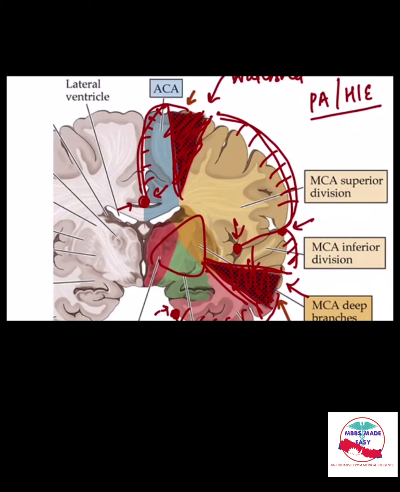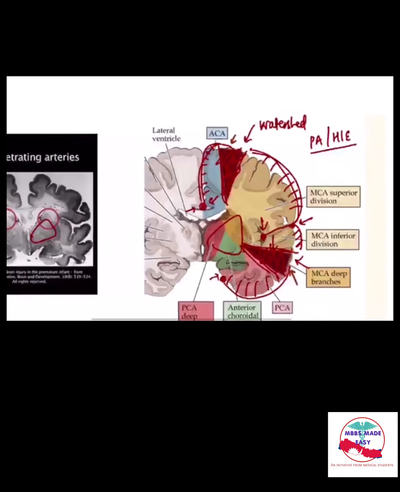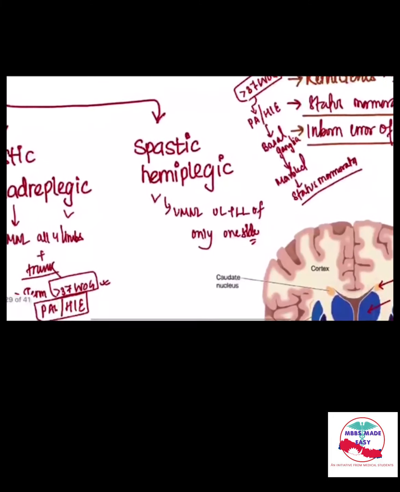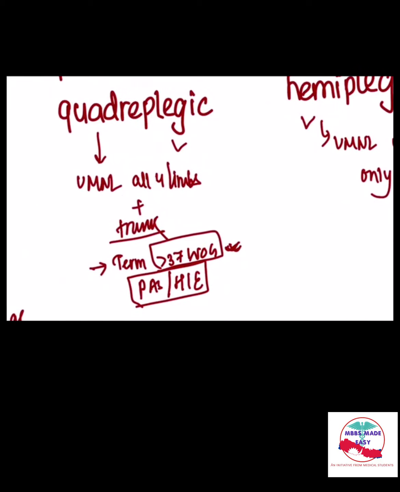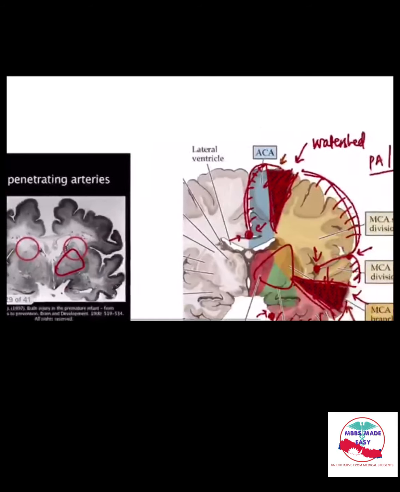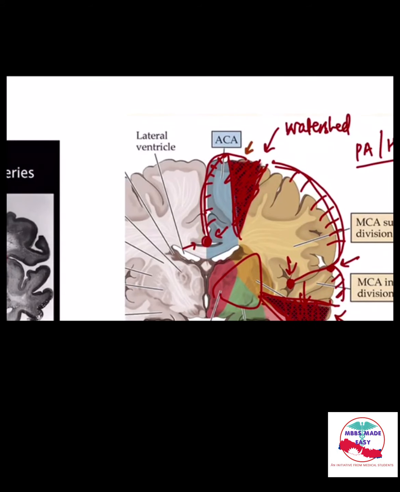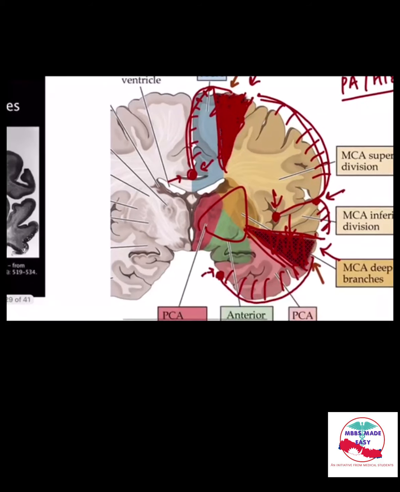So this watershed area, which was once favorable because it had the most blood supply, now becomes disadvantaged, especially if you have global hypoxia and ischemia, which typically occurs only in term infants, more than 37 weeks of gestation, if they suffer from anything that triggers perinatal asphyxia or hypoxic ischemic encephalopathy. And this damage to the watershed areas, especially these two areas, ultimately leads to spastic quadriplegic type of cerebral palsy.